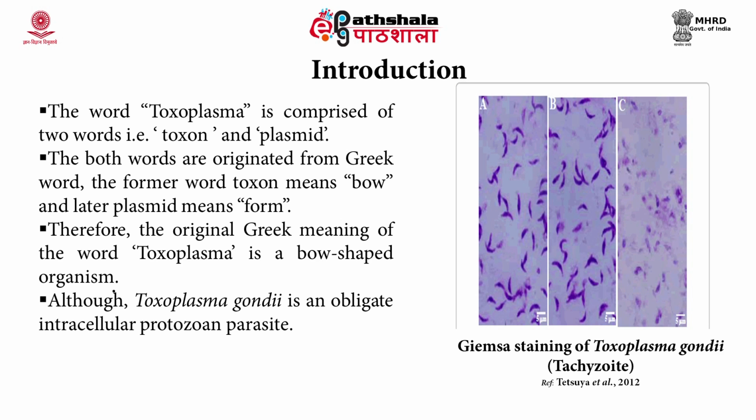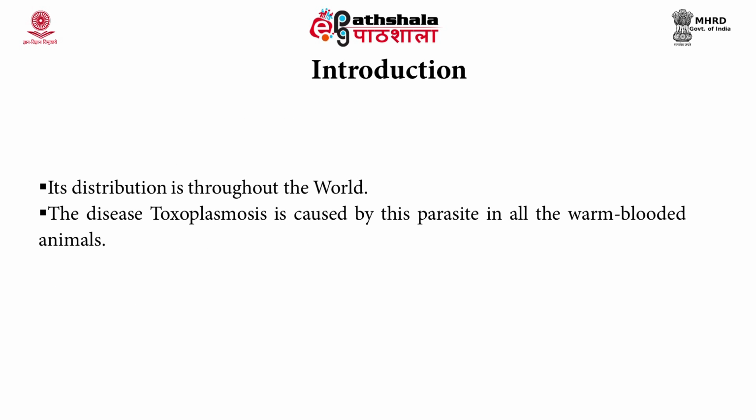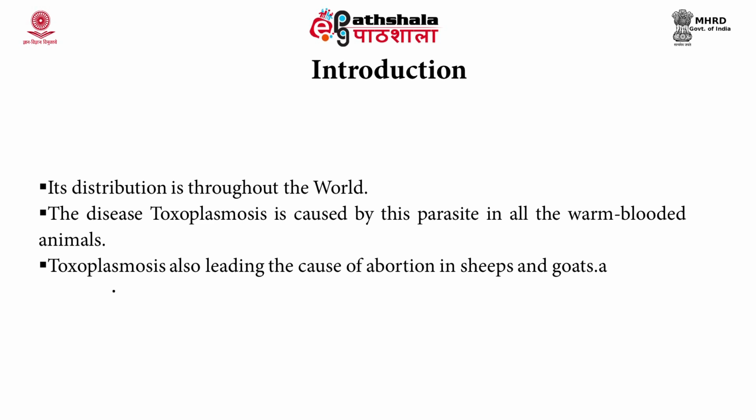Toxoplasma gondii is an obligate intracellular protozoan parasite, and its distribution is throughout the world. The disease toxoplasmosis is caused by this parasite in all warm-blooded animals. Toxoplasmosis is also a leading cause of abortion in sheep and goats.